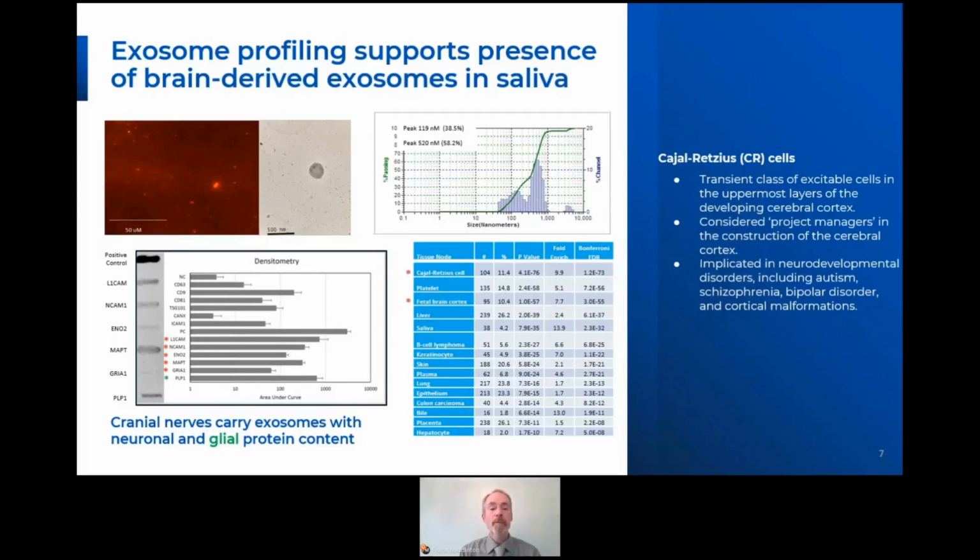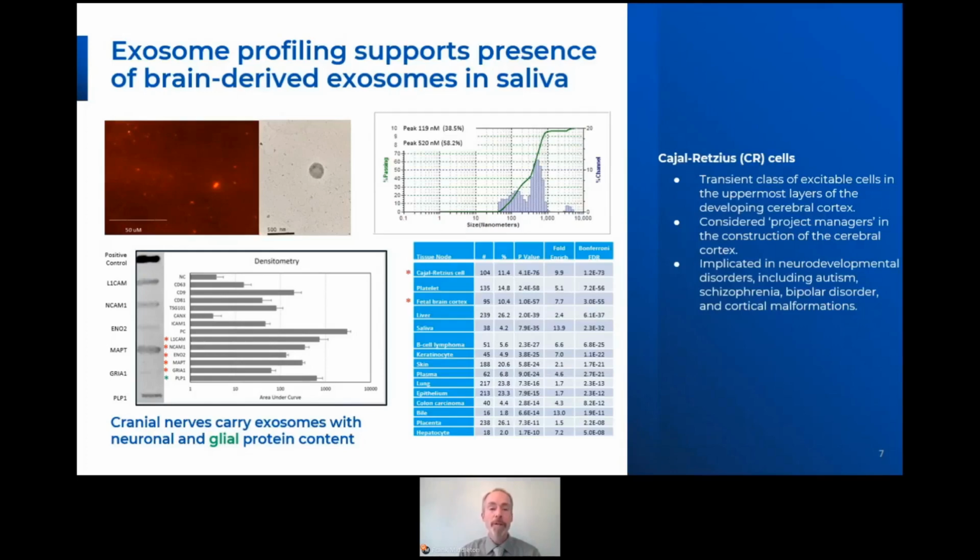And I won't describe to you the results for individual proteins, but when we looked at the functions that are overrepresented in the proteins that are most abundant by mass spec analysis, we interestingly found that Cajal-Retzius cells and fetal brain cortex were overrepresented in the protein content that you find in normal adult humans.